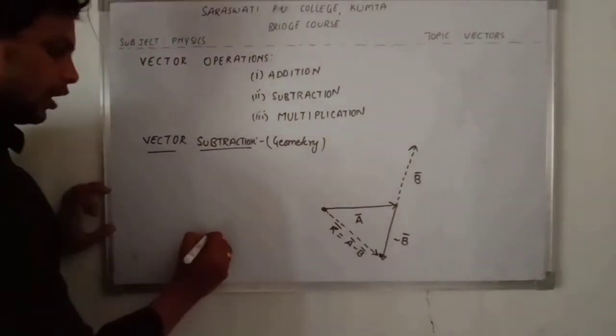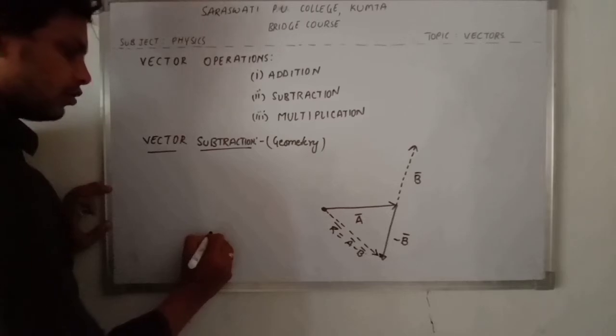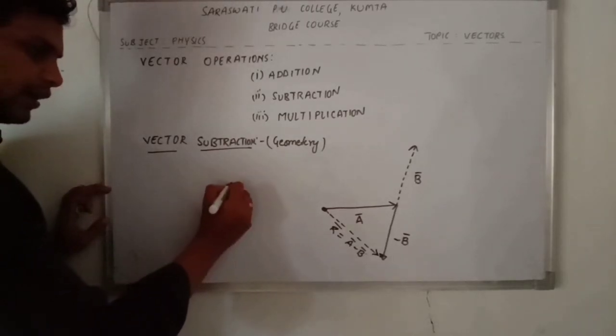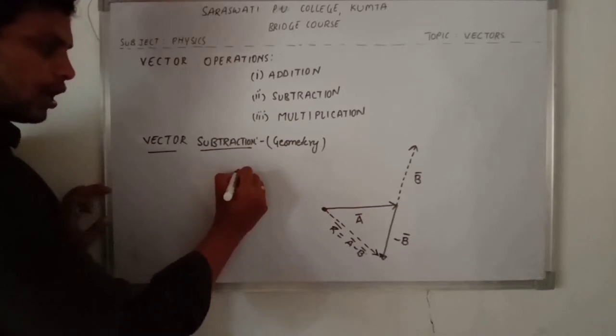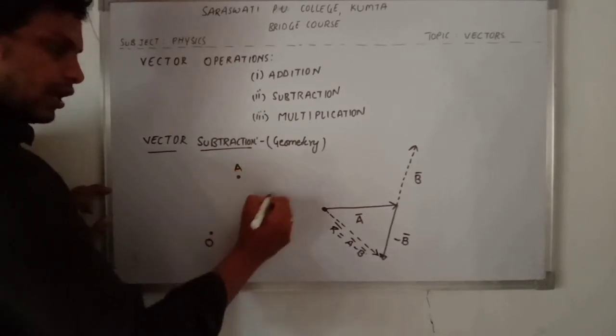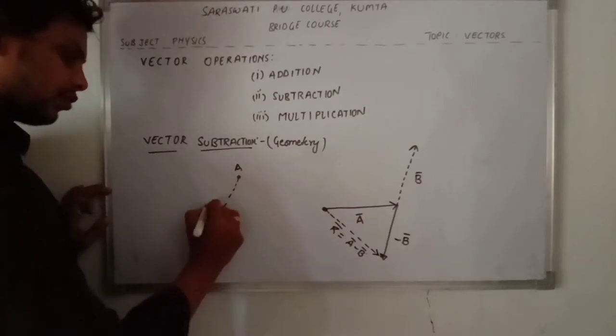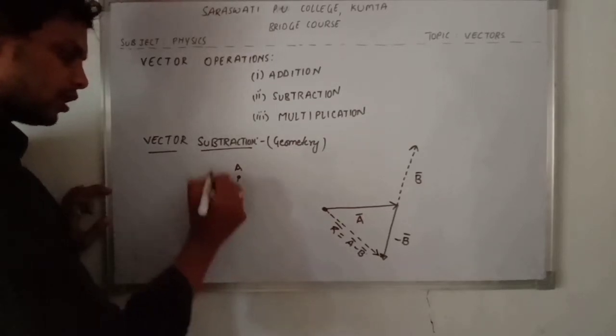For example, you can take the vectors like this also. I'll take this as a reference point O. I'll take this point as, for example, A. Now the vector from O to A, I will take as R1 bar.